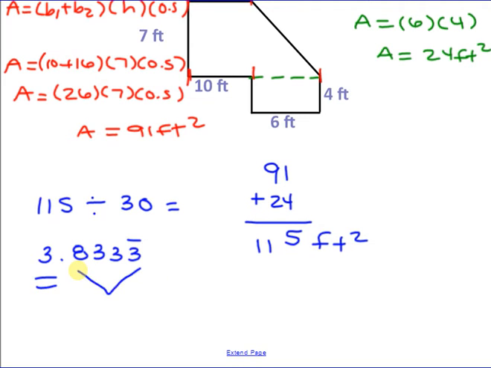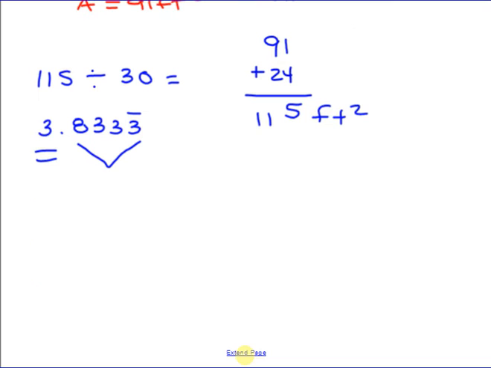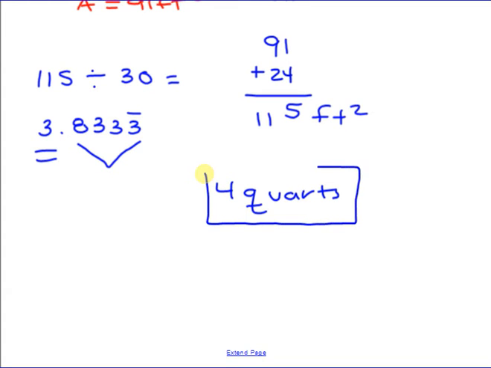You cannot go to the store and buy 0.833333 quarts. You just can't go up to the counter and ask for that. You can only buy whole quarts. So, Antonio needs to buy 4 quarts. He will have a little extra left over, but he needs to make sure that he has enough.